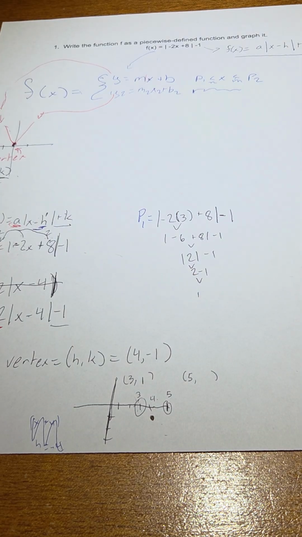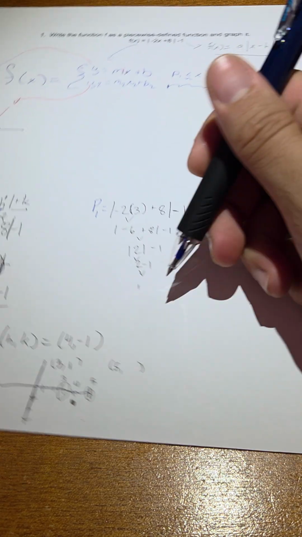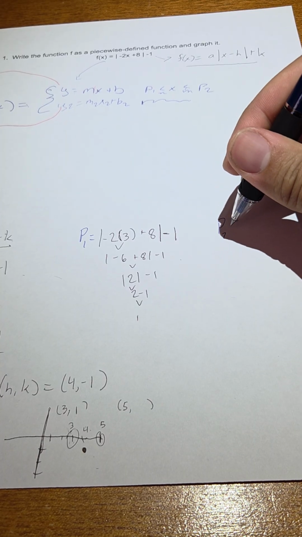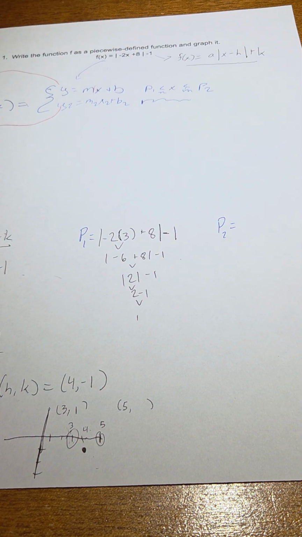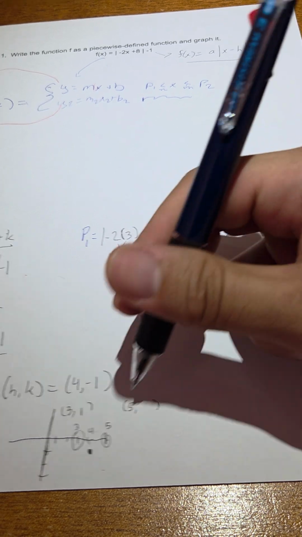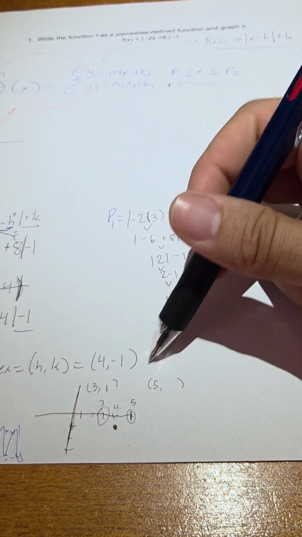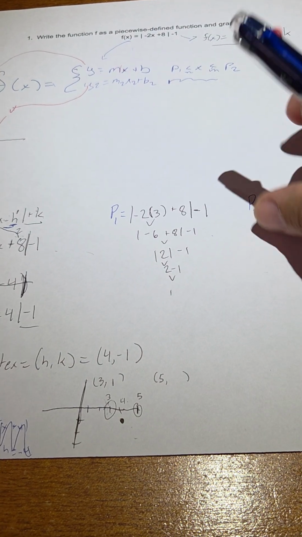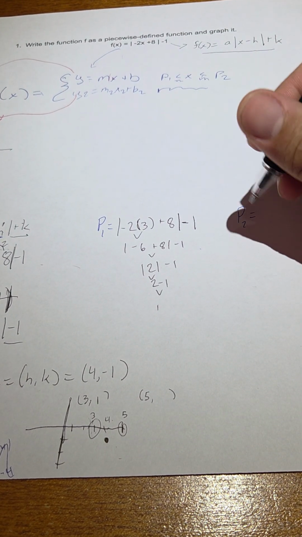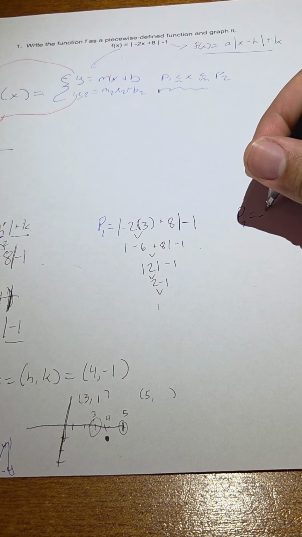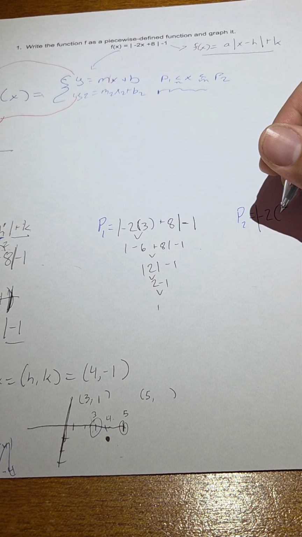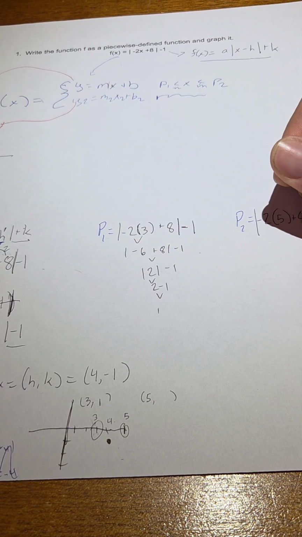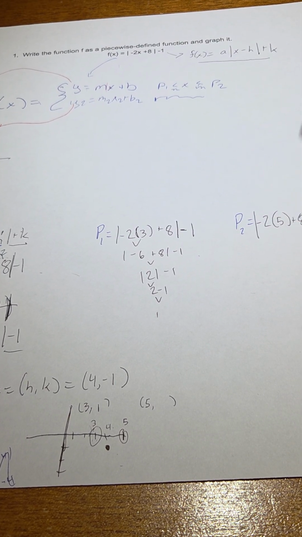Now let's solve for P2. P2 is equal to, and then again we take our x from down here, which is 5, and we plug it into this equation to get our y, right? So our P2 is negative 2 absolute value of 2 times 5 plus 8, close absolute value, minus 1.